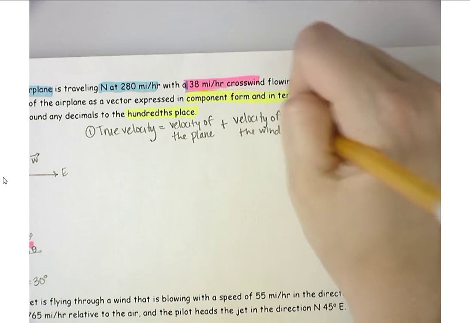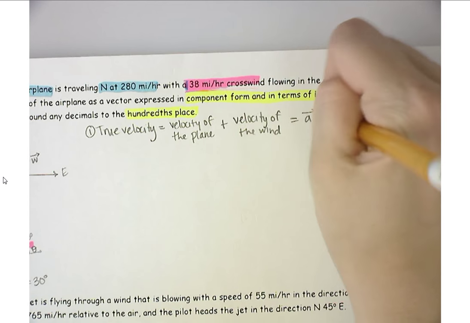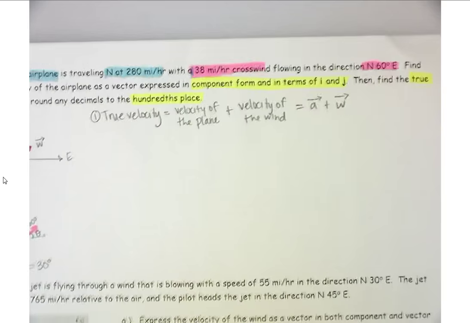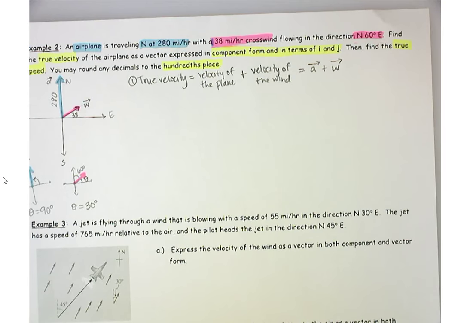Okay, so it's your airplane plus the wind. So in order to find the true velocity, I have to find the velocity of the plane and the velocity of the wind. Okay, the true velocity takes both of those into account.